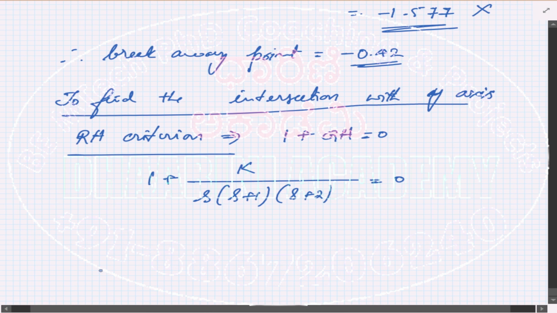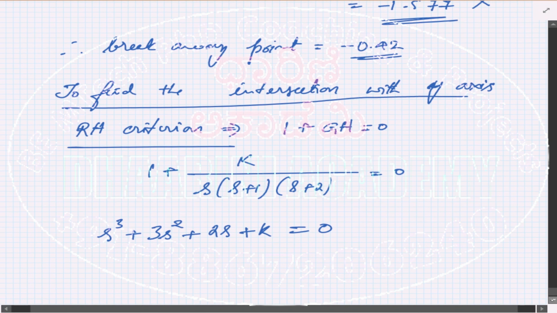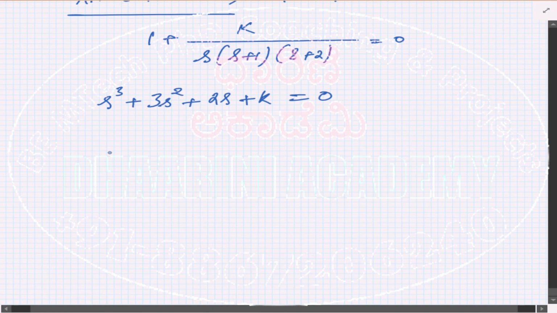So this is s cube plus 3s squared plus 2s plus k, equals 0. Anyway, the denominator will go away, right? This is the equation. For this, you need to draw the RH table.